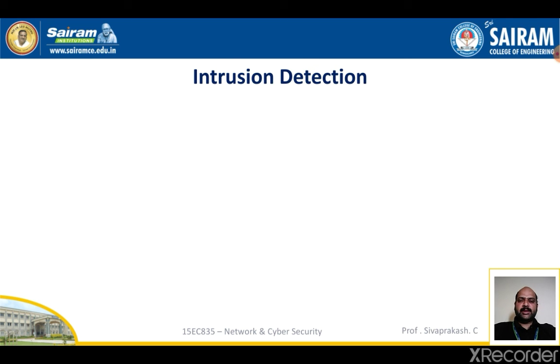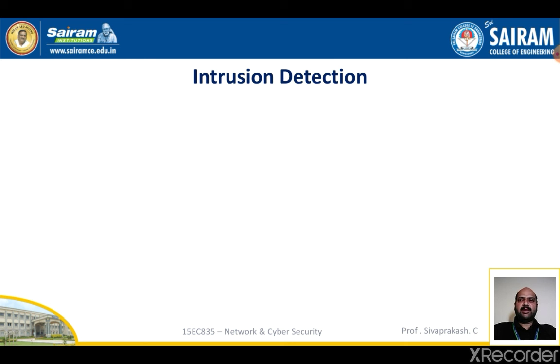Next, we will continue with intrusion detection. What actually is intrusion detection? An intrusion detection system, called IDS, is a device or software application that monitors a network or system for malicious activity or policy violations.